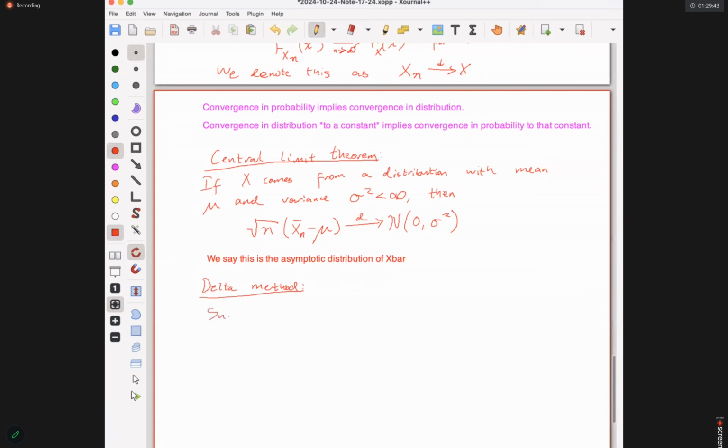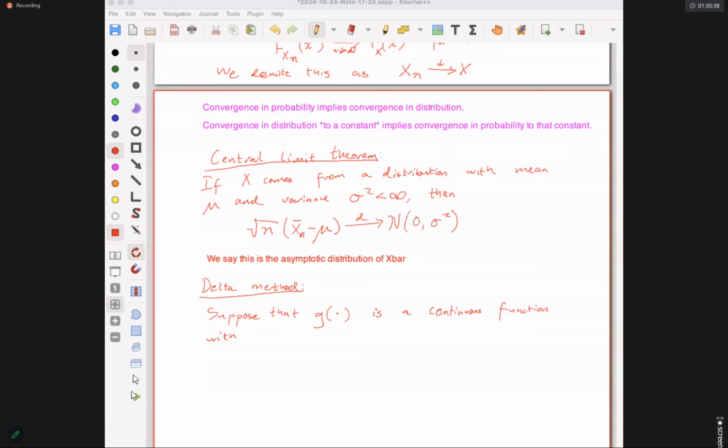Delta method, suppose that G is a continuous function with, I want to say that the derivative of G at 0 cannot be 0.